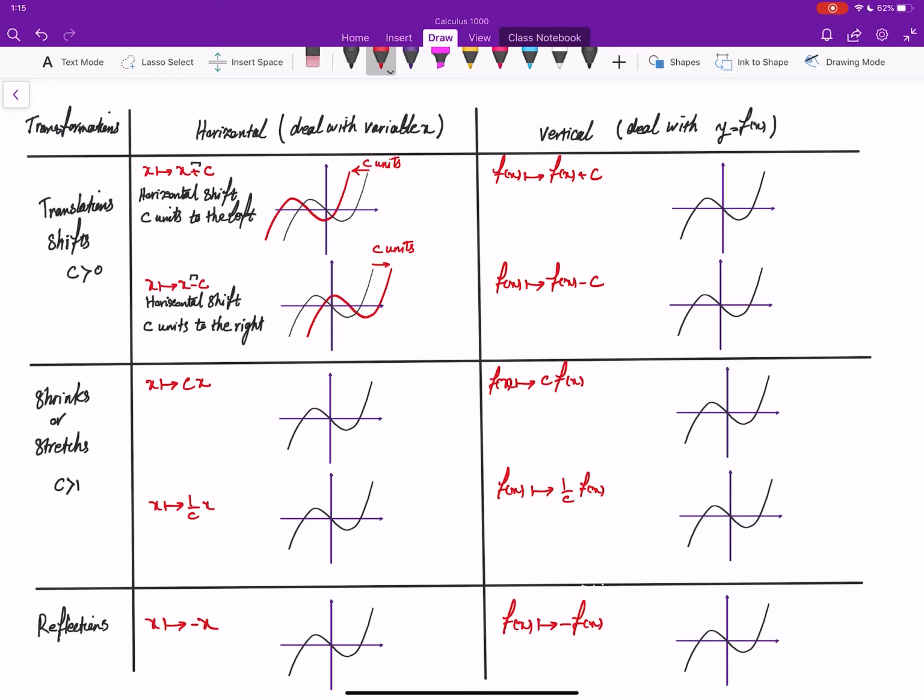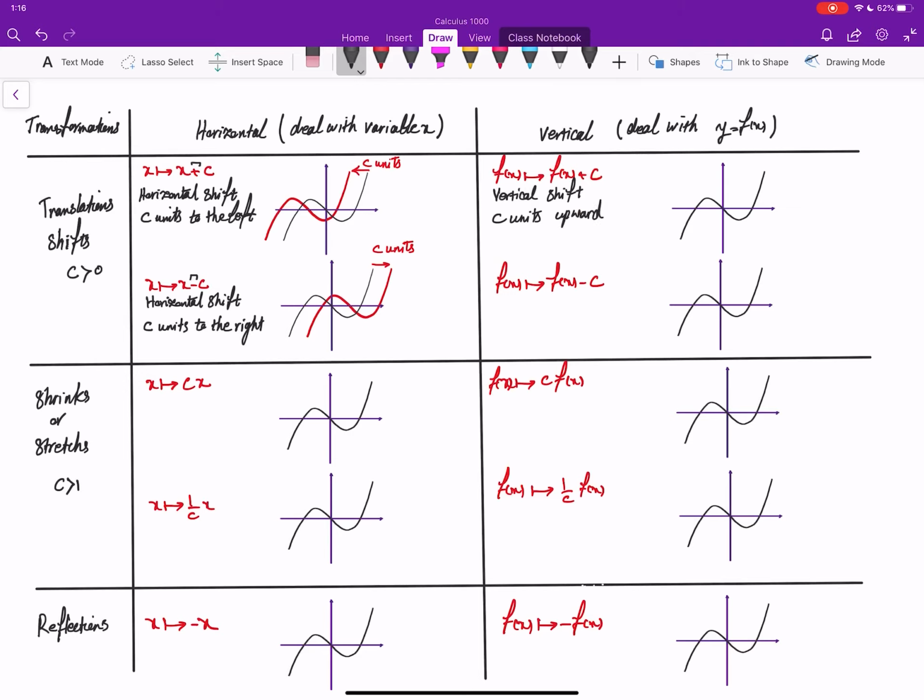Well, let me do the vertical one similarly. So we have f of x added to a constant. This is vertical because we're dealing with the whole f of x. It is a shift because it's adding or subtracting. c units upward.